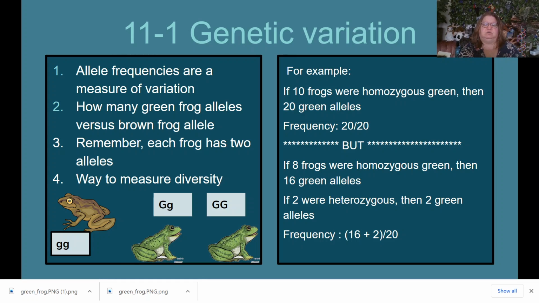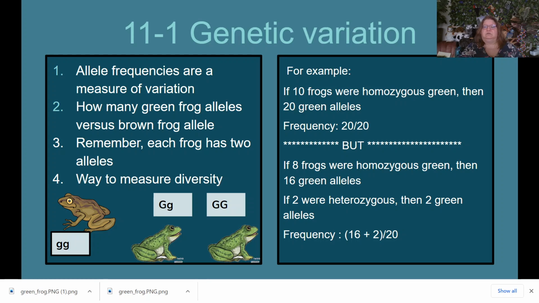That would be 2. And so if I were to ask you the frequency of the green allele in those 10 frogs, you would say 16 plus 2, that would be 18, divided by 20. And so now we have a way of measuring if we knew which frogs are homozygous and heterozygous.